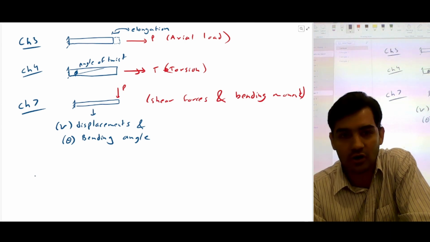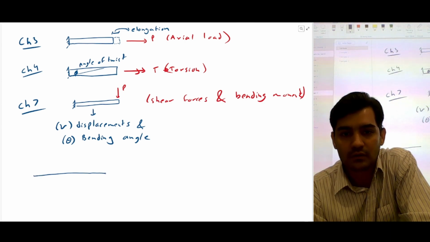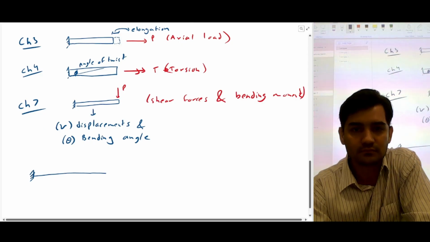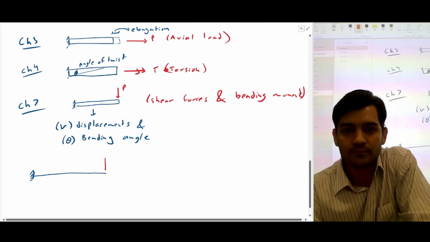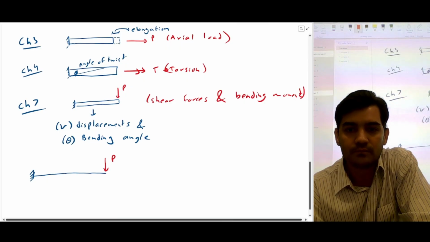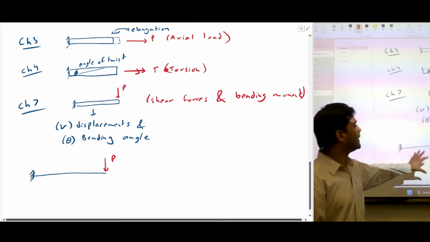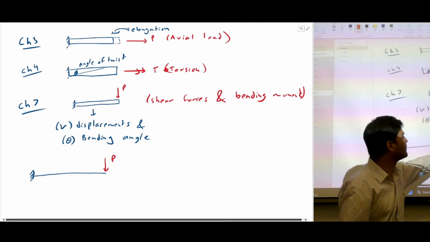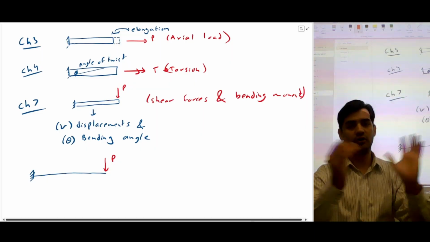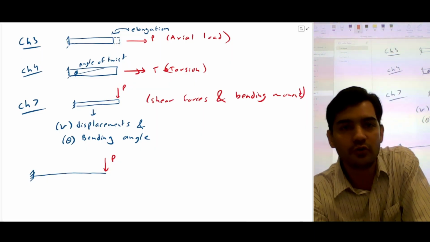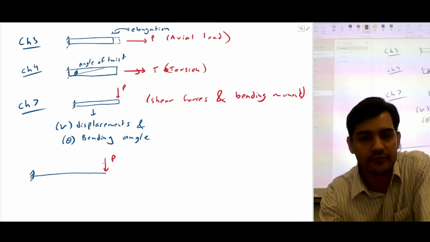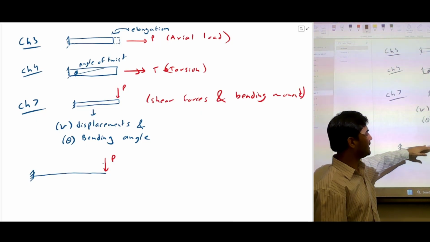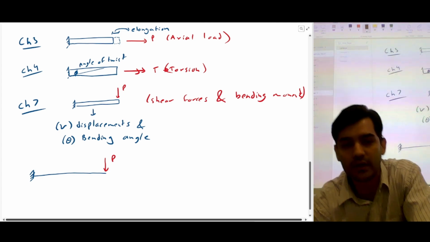So I'm gonna draw a cantilever beam, and you have a load P. So you can try to imagine how the deformations would look like because of the load. So I'm going to draw a deformation curve. We also call this elastic curve. So if you try to imagine how this beam will bend, this is how it will bend.